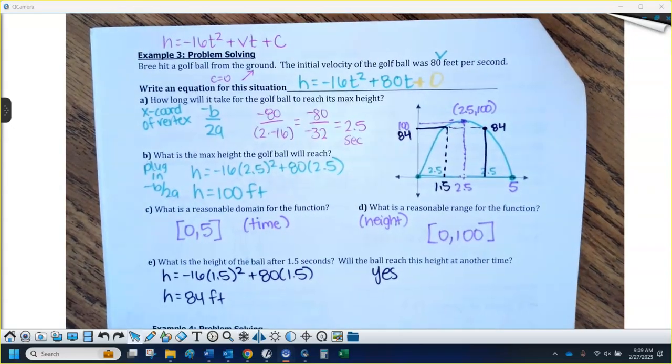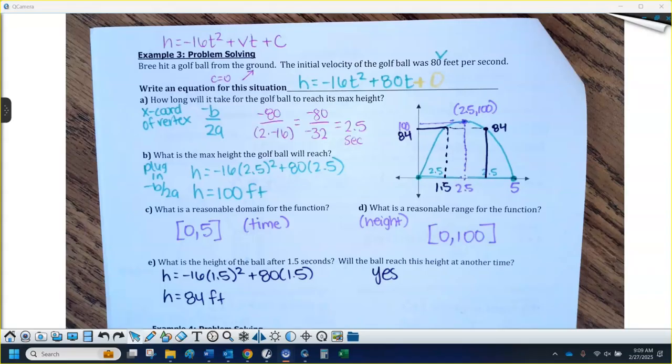What's the distance between 1.5 and 2.5? 1. So where would it hit on the other side? Not 3. 3.5, because you're just doubling it. So it's the distance. I didn't do a good job drawing that, but the vertex is at 2.5.